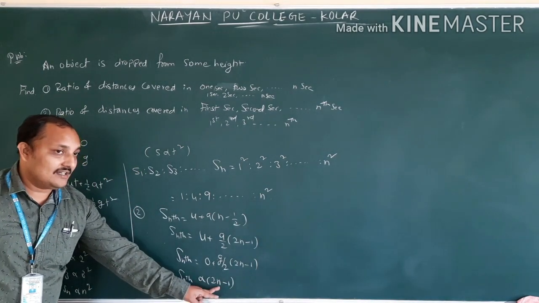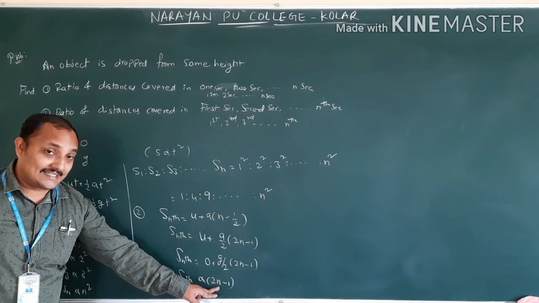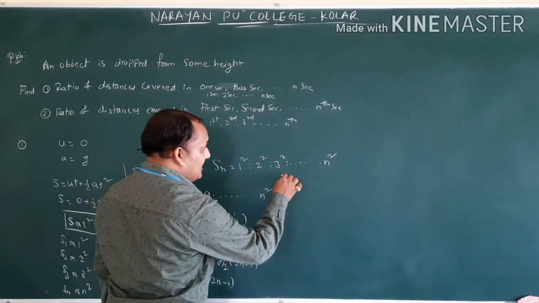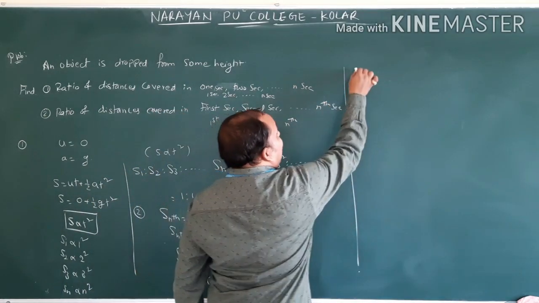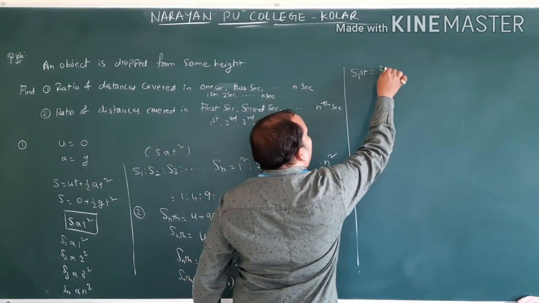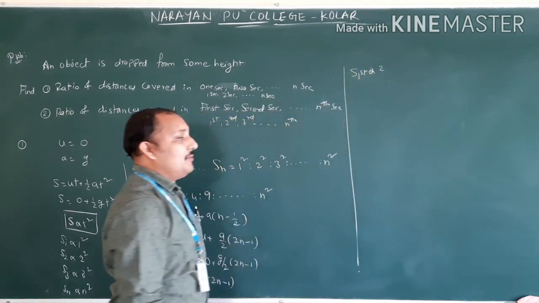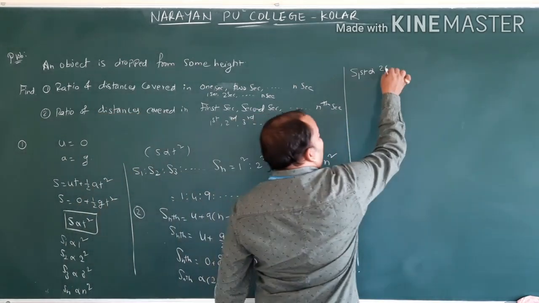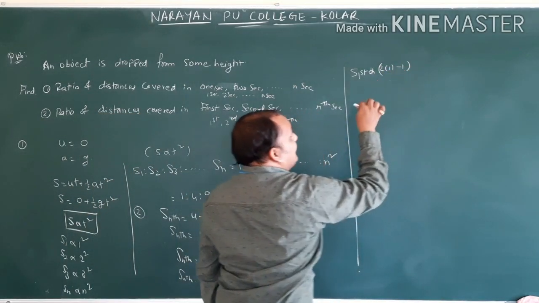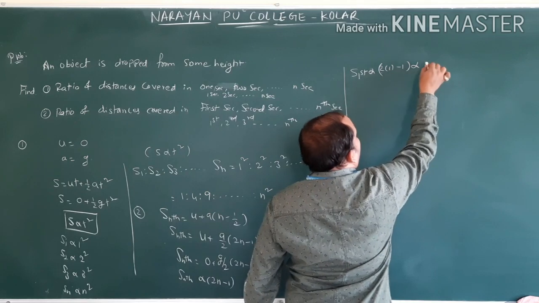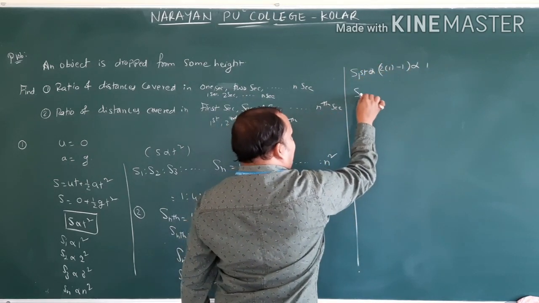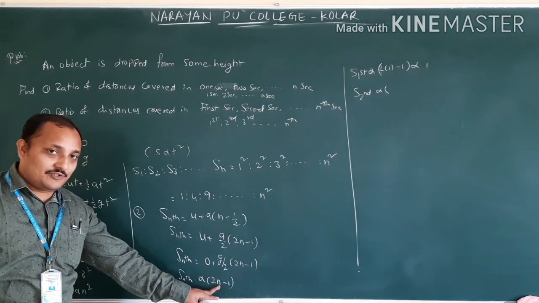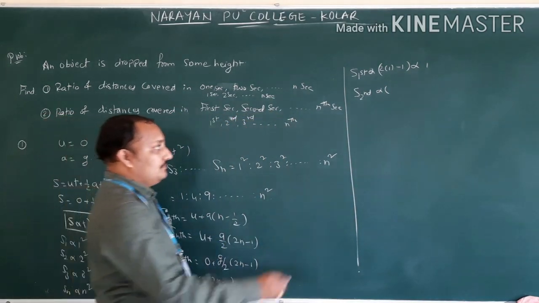So what is n here? First second means 1, second second means 2, third second means 3. Now first we will see the first second. S first is directly proportional to 2n minus 1, in place of n how much should we take? 1. 2 into 1 minus 1, that is directly proportional to 2 minus 1, which is 1. Second second is directly proportional to, in place of n how much should we take now? 2.